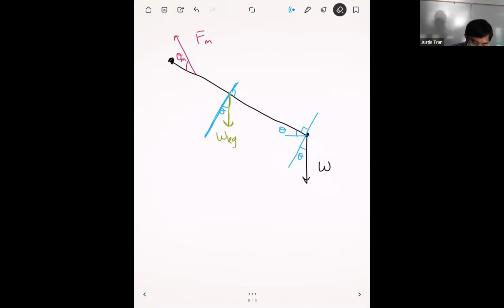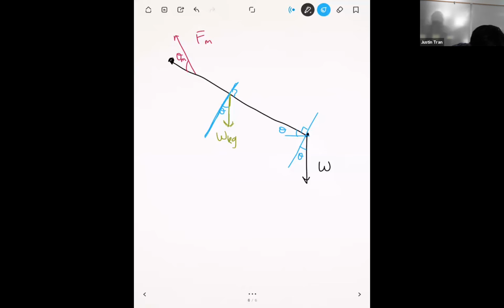When computing the moment, for the component of the weight forces that contributes to the moment, we're going to use that angle right there.